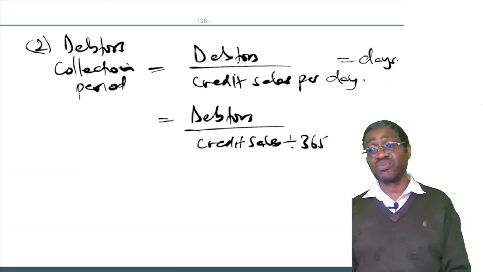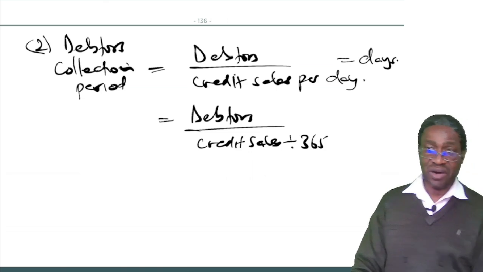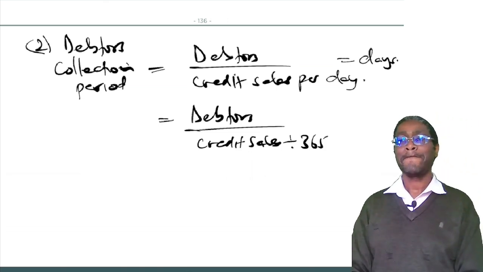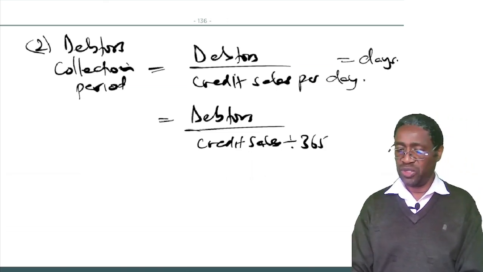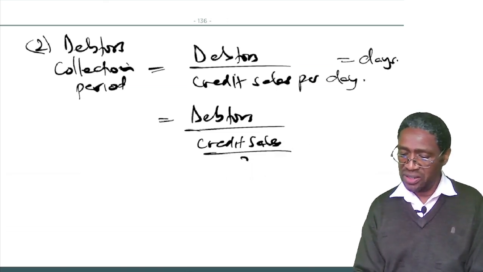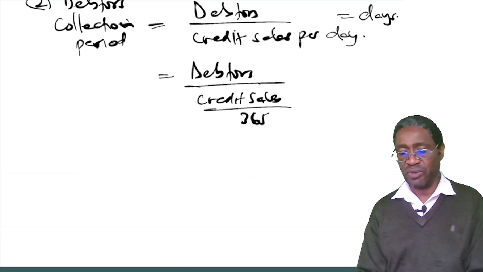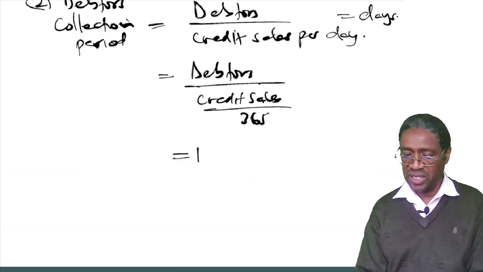We normally assume there are 365 days in a year. Or you can put it this way: we divide this by 365. This same formula can be expressed as debtors.